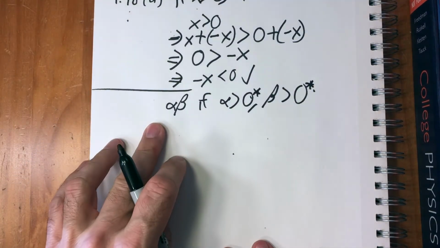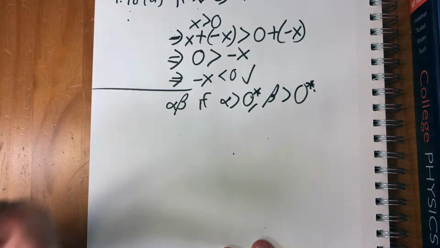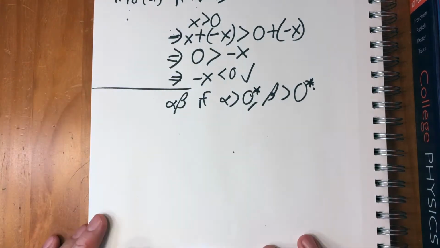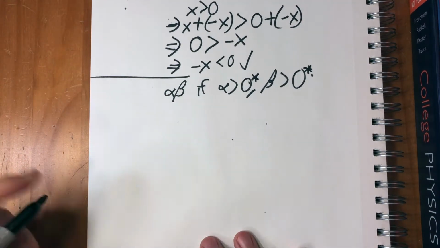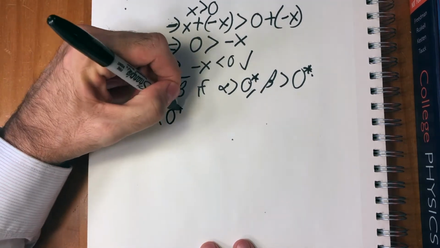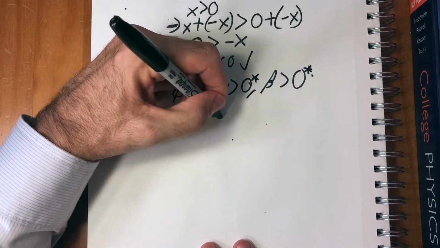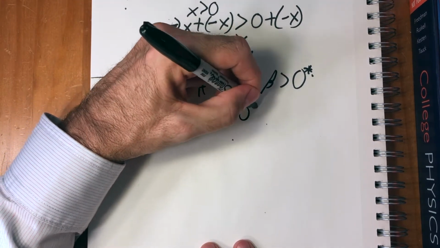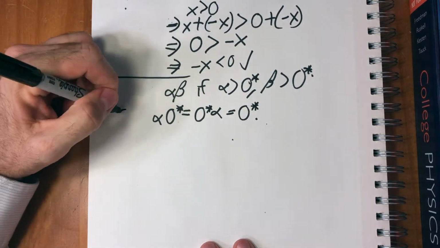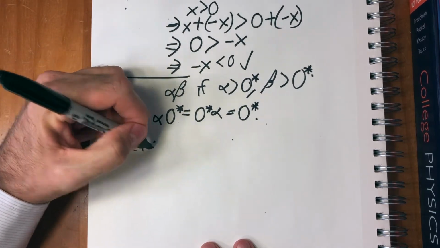So using our definition of this, we're just going to define what it means if one of these or both of them are less than 0. So first of all, we're just going to set that alpha times 0 equals 0 times alpha equals 0.